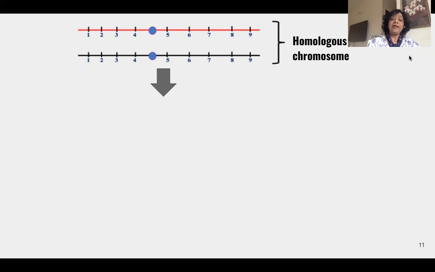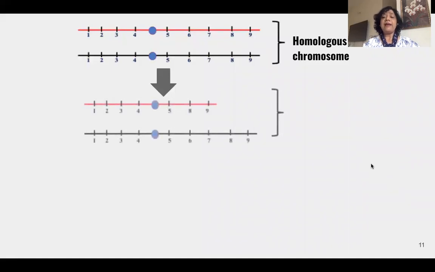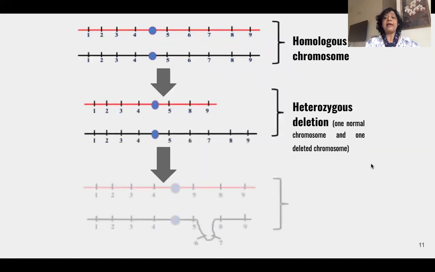Then they have the centromere, followed by 5, 6, 7, 8, and 9. This is our homologous chromosome pair. Now, in this homologous pair, a heterozygous deletion has taken place.